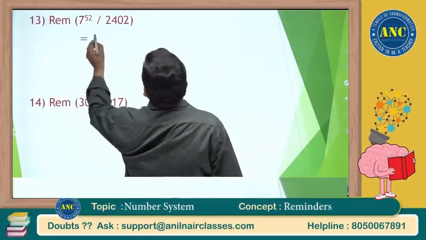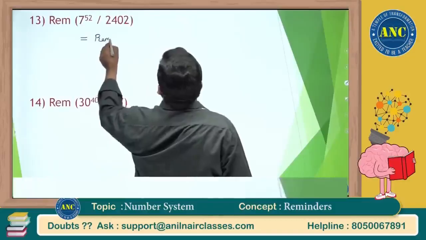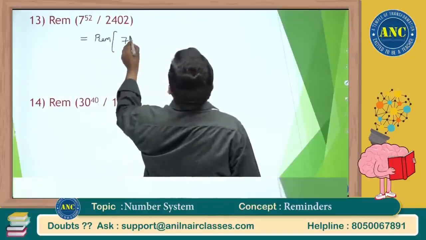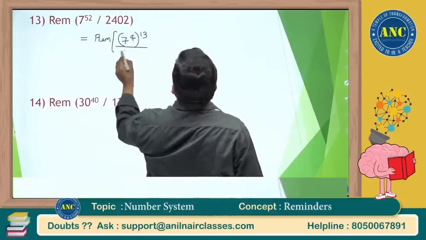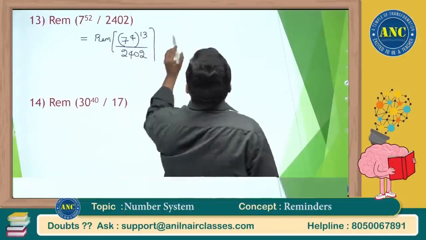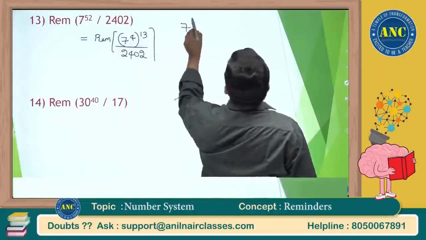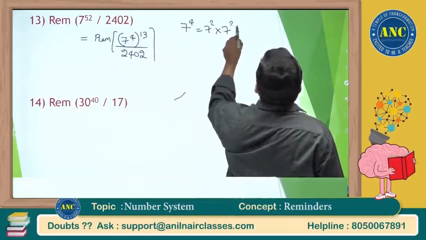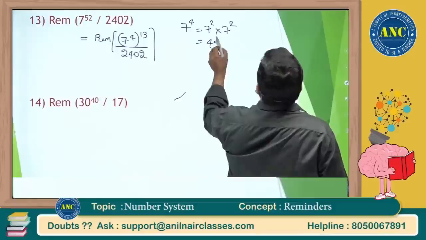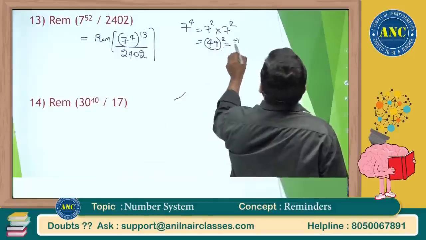13th question, 7 power 52. Yesterday we discussed this question. Which power of 7, when divided by 2402, gives plus 1 or minus 1? 7 power 4 is 7 square into 7 square, which is 49 into 49. 49 square is 2401.